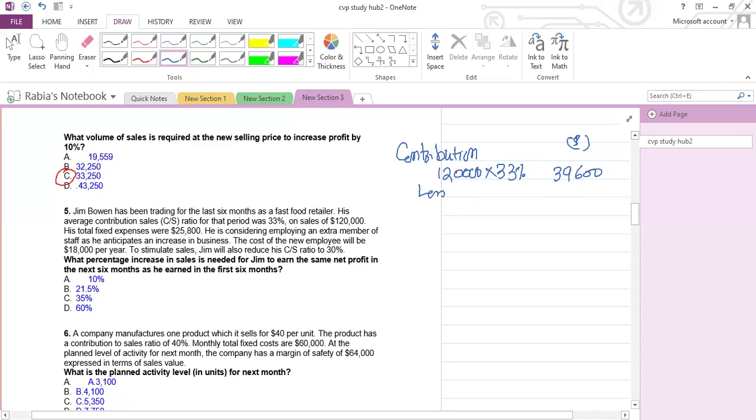Now for the profit calculation, less the fixed cost. How much is your fixed cost in the first 6 months? That is 25,800. You will get your profit.